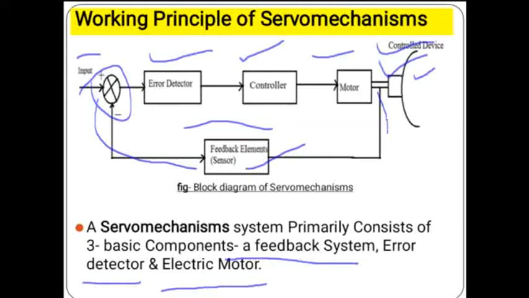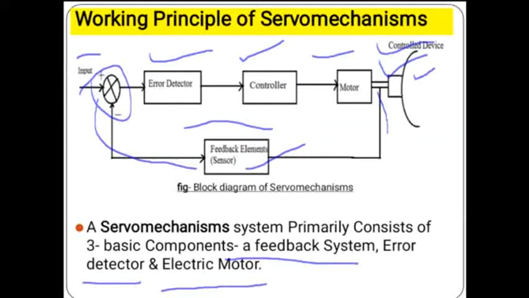This error signal is given to the controller. And what will be the action of the controller? The controller block controls the signal and manages it according to the requirement and gives it to the motor. And finally we are getting here the 180 degrees.